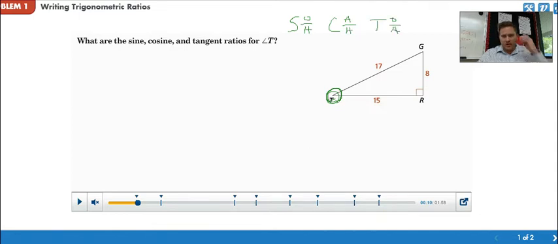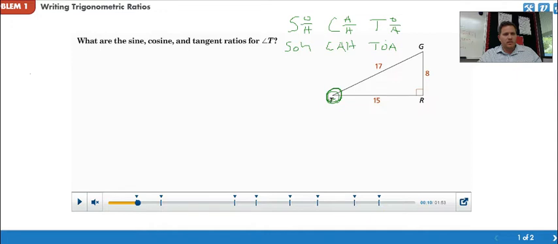Now, do you have to do it with these fractions right here? No. I see a lot of teachers will do SOH CAH and then TOA. I like to do the fractions up here because that reminds me that I need to write these as a ratio. So the first thing that we're going to do is find sine.